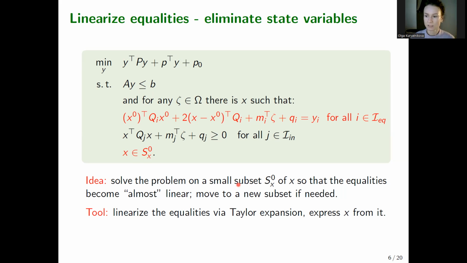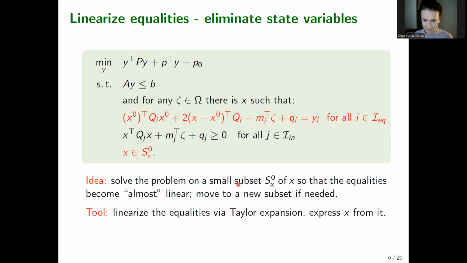There is a question, Jan. So given a y, is the state variable then uniquely determined, or are there more solutions for x possible? Yeah, that's a good question. Let me think.